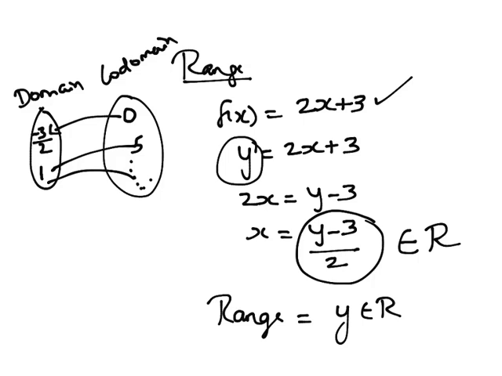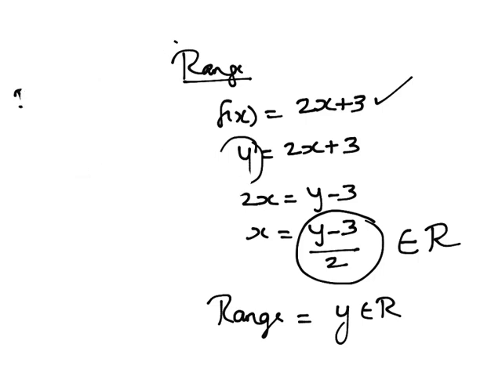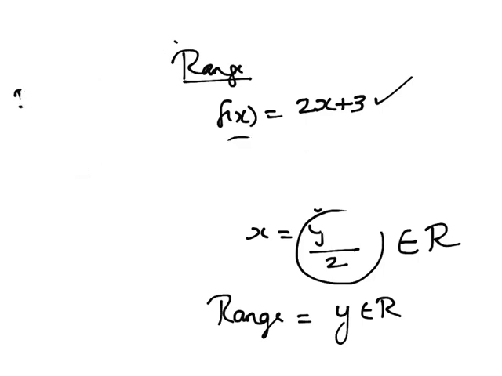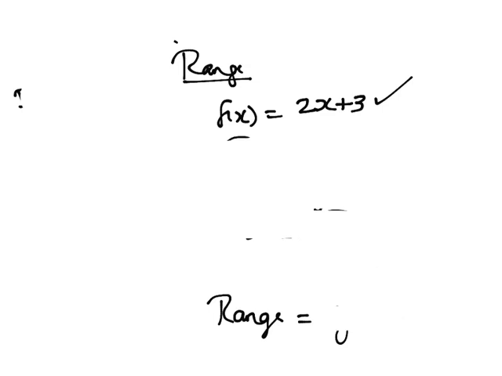Okay, let me take another example. I think before I move ahead, students, maybe I should explain this concept better to you. I said that for this function the range is all real numbers. So every real number is part of the range. Then you may ask me, okay sir, let us say 10. Is 10 part of the range, sir?